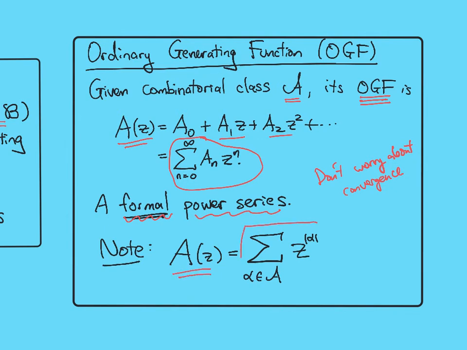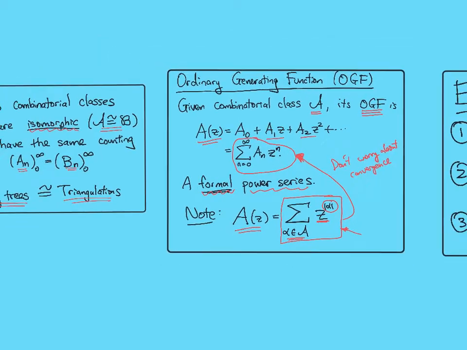Turns out if we just do the sum over everything in the class of z to the size of alpha, you get the same thing, because the way this sum would work is you would regroup things according to size, and so if you regrouped it, you'd exactly get the power series you have here, because anytime I have z to the n, I could collect those terms, and there would be a sub n terms with size n, and so I would exactly get the OGF. But this is a conceptually simpler way of writing the OGF.